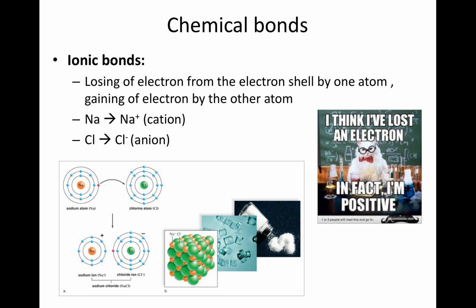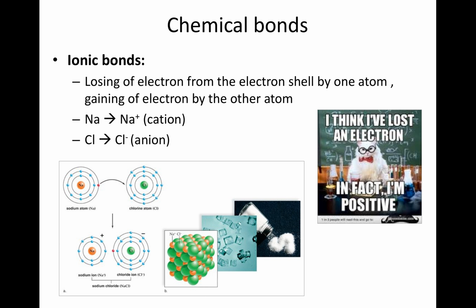So if my atoms started with a zero or neutral charge, and one of those atoms loses an electron, it is losing a negative charge, so it becomes positive. The atom that is gaining a negative charge becomes negative.